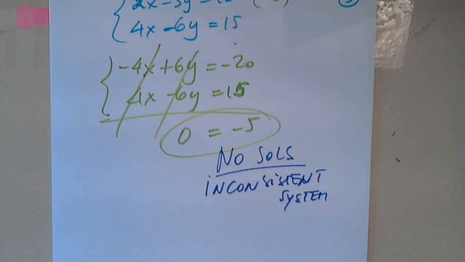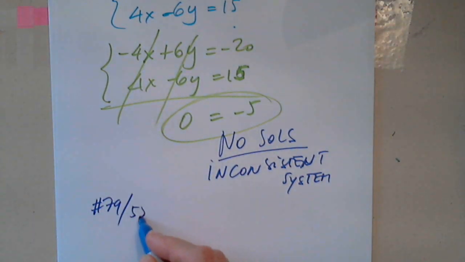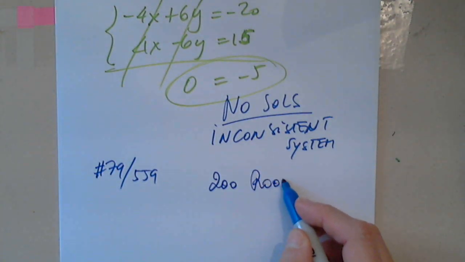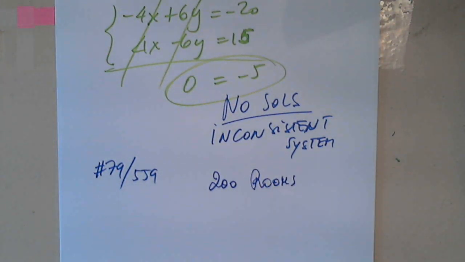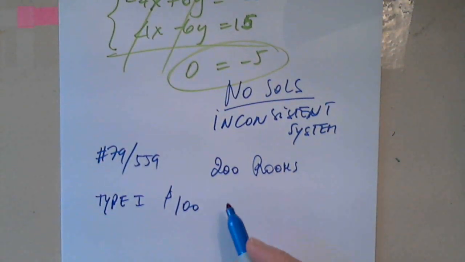Let's look at another word problem though. On page 559, let's look at problem 79. A hotel has 200 rooms. I take notes when I read the problem. Those with kitchen facilities rent for $100 a night. So I'm going to call them type 1, $100 per night.